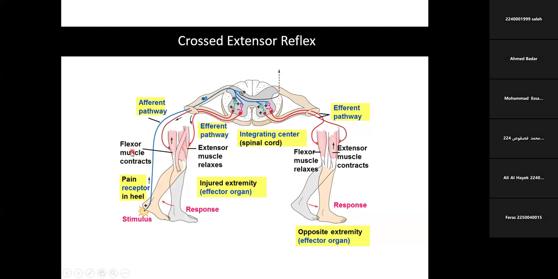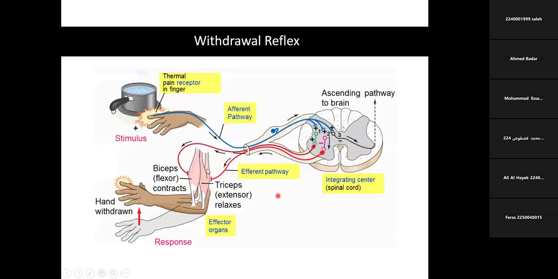So flexor muscle contracts, point number one. Here, flexor muscle relaxes. That is on the other side of the body. If this is right leg, flexor muscle contracts, extensor muscle relaxes. And this is the left leg, flexor muscle relaxes, and the extensor muscle contracts. Yani this is exactly opposite to what is happening on this side. I go back, it is the same reflex, but this is on one side.